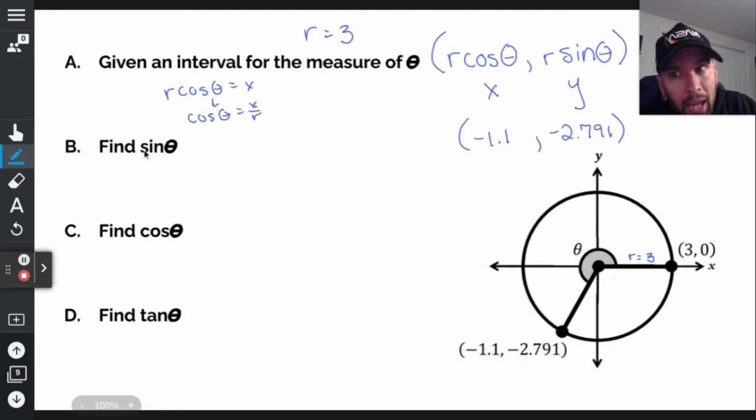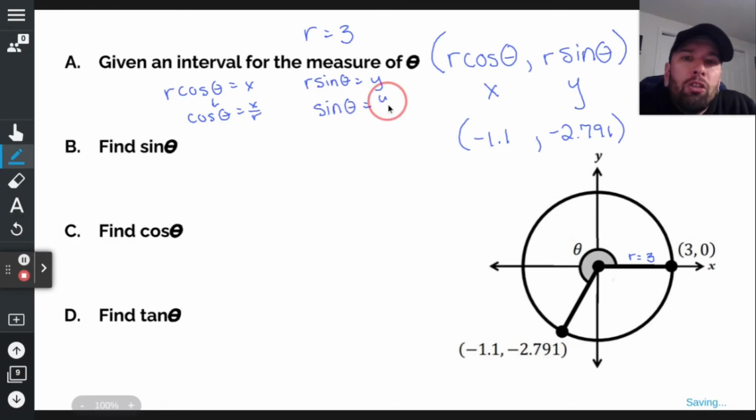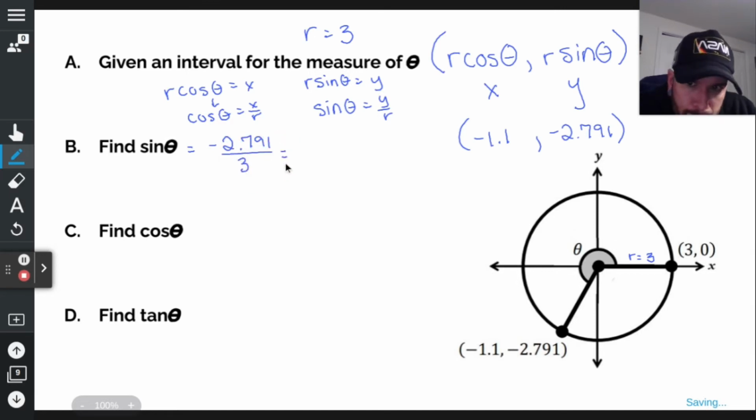Similarly, and this is what matters here, r sine theta equals my y. And if I'm being asked to find sine theta, I'm going to calculate whatever my y is over my r. So sine theta is negative 2.791 over r, which is 3.